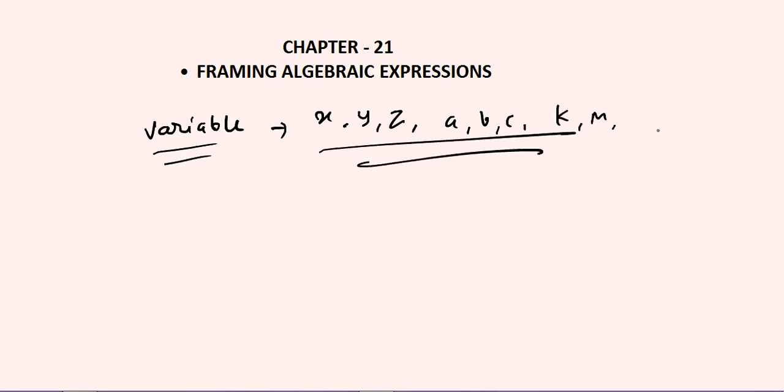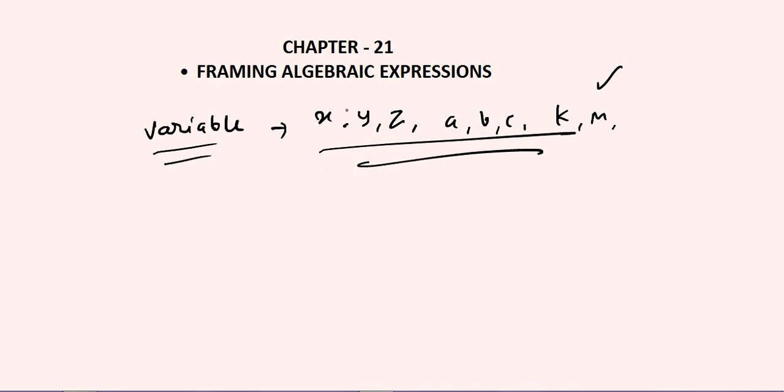Variable means the alphabets which we are using in maths, and as its name suggests, variable means what? Varies. So the values of these variables are not the same, they are changing as per the question. So x, y, z, a, b, c, k, m, these we are using and they are known as variables.